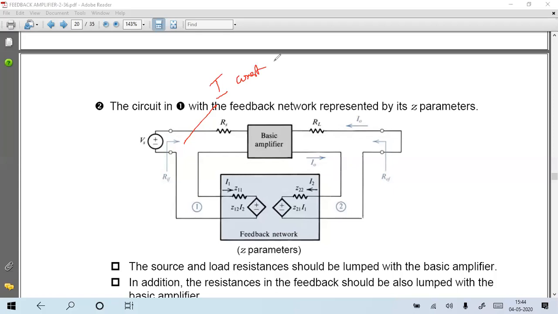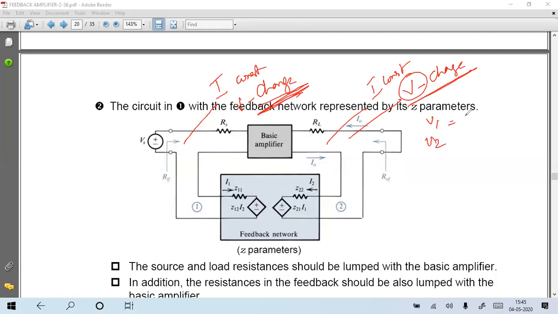What changes? Voltage changes. Right-hand side is the same: current is constant and voltage changes. So on the input side voltage changes, and on the output side voltage also changes. Left-hand sides are voltages V1, V2, so it is the impedance parameter.